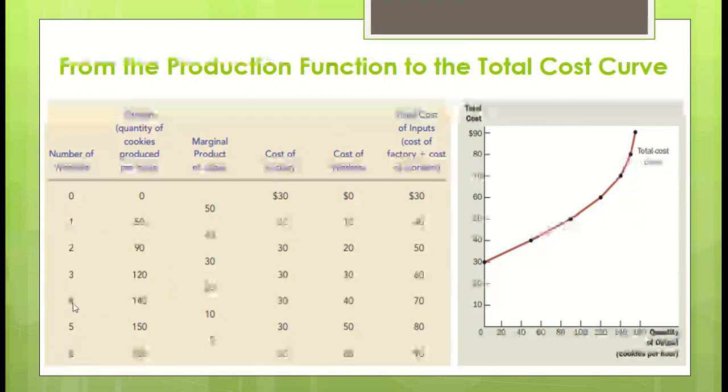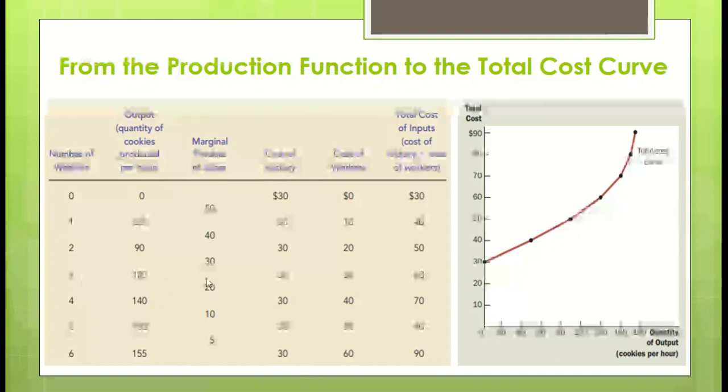Now if the number of workers is 4, the output produced here is 140 units, and here the marginal product of labor is 20. That comes from change in Q over change in L. So here change in Q is 140 minus 120, divided by change in L, that is 4 minus 3.